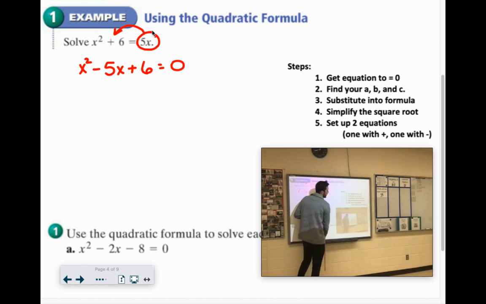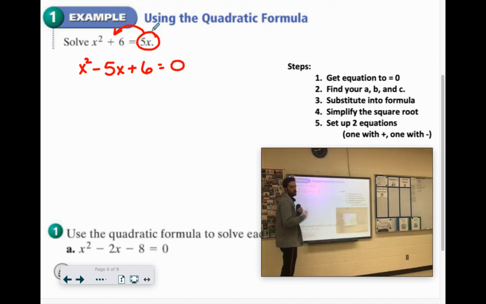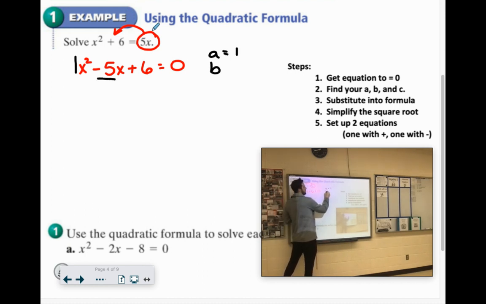Step 2 says find your a, b, and c. Now after you do a few of these, you don't need to list the a, b, and c each time. But remember, a is in front of the x squared. So we'll have a equals 1, b is in front of the x, so b is negative 5, and c doesn't have an x, so c will be 6.